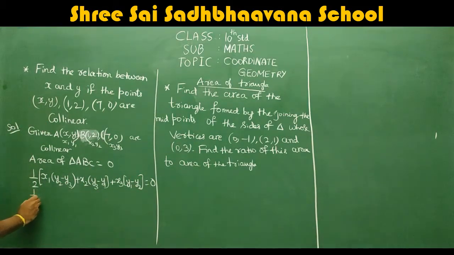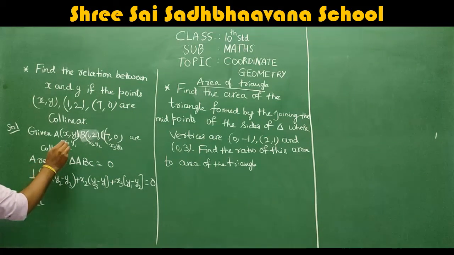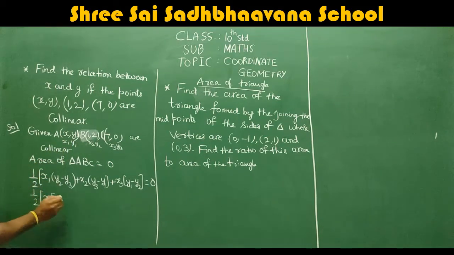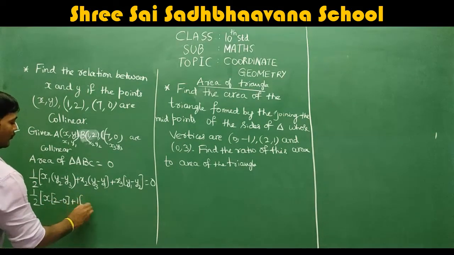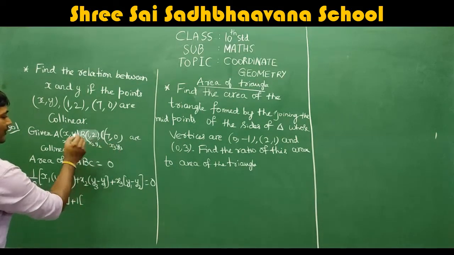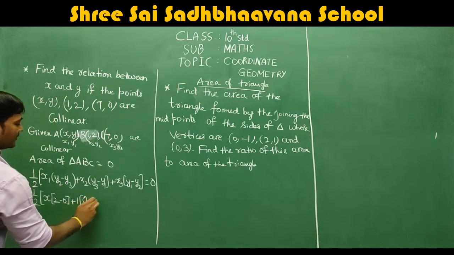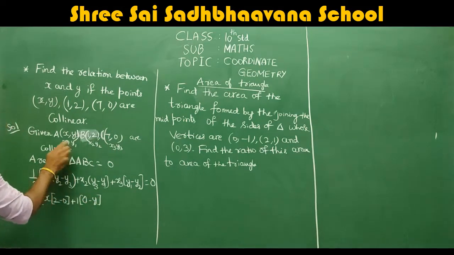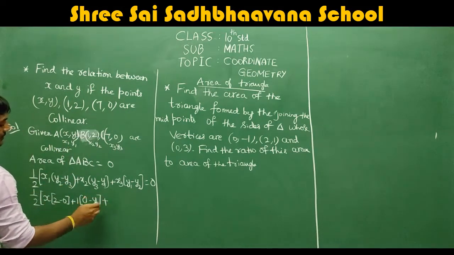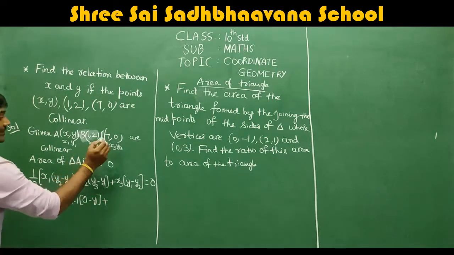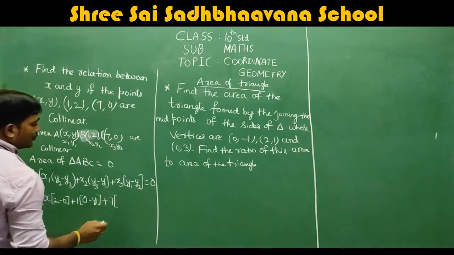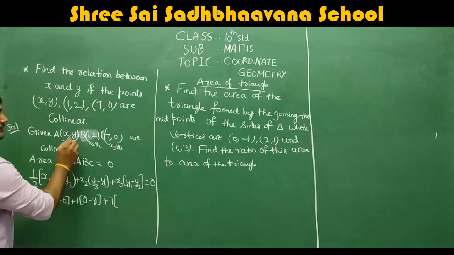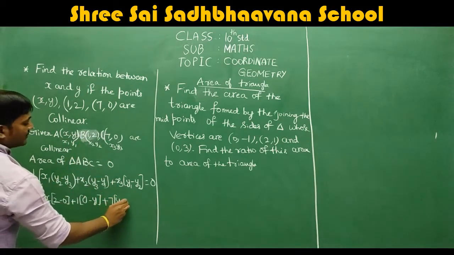Now substitute half into, what is the x1 value here? x itself, so x into y2 minus y3, which is 2 minus 0. Plus x2, which is 1, into y3 minus y1, so 0 minus y. Plus x3, what is x3 here? 7. So 7 into y1 minus y2, so y minus 2.